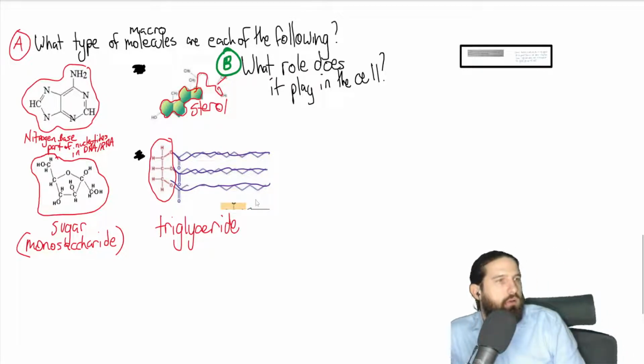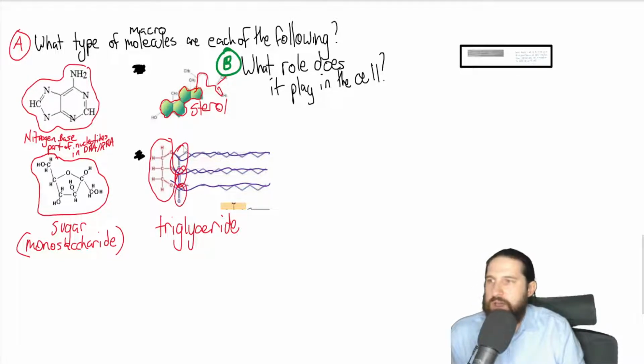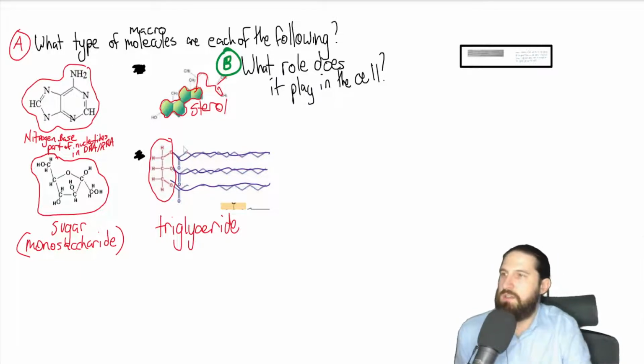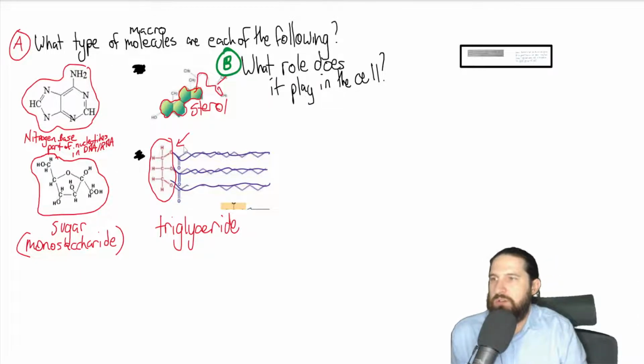So we have three lipids, and they have their own acid tail that can react with the glycose here, right? What is it called again? Glycogen? Oh my god, never doing this in a while. Yeah, glycerol.